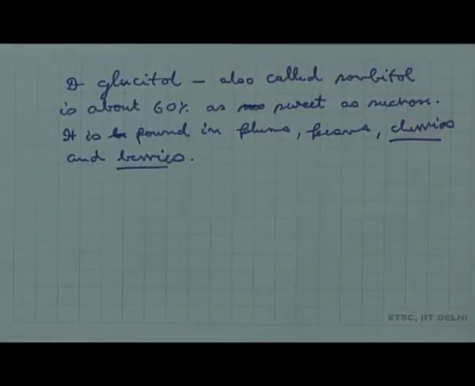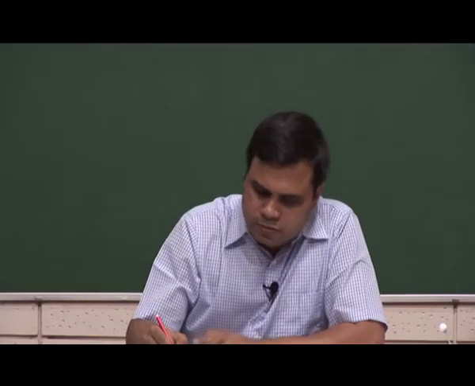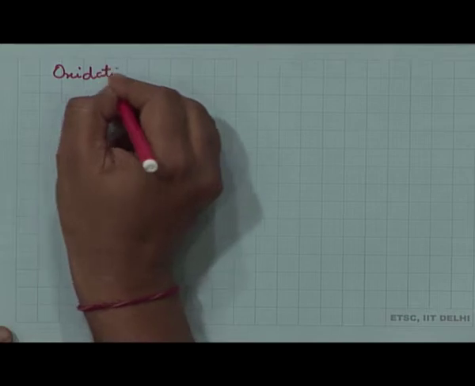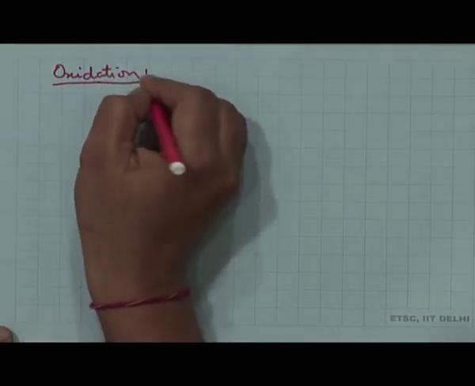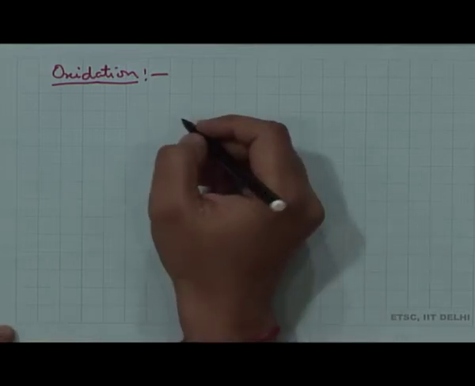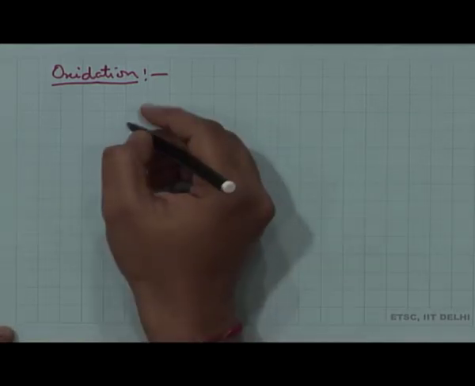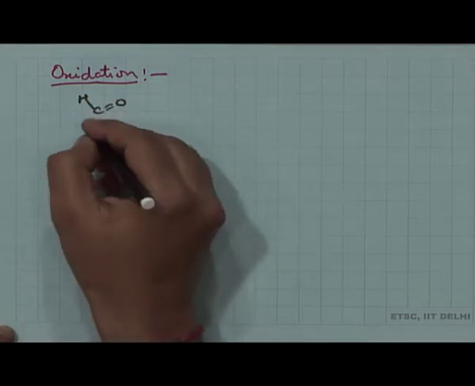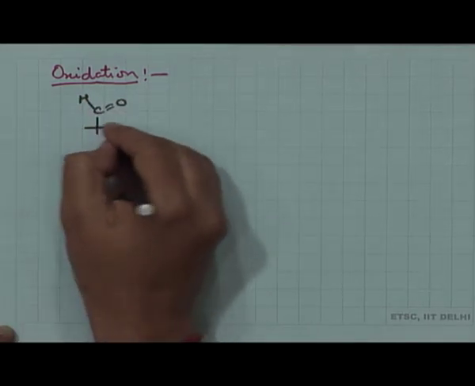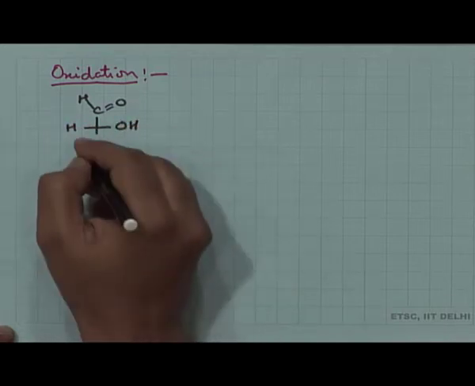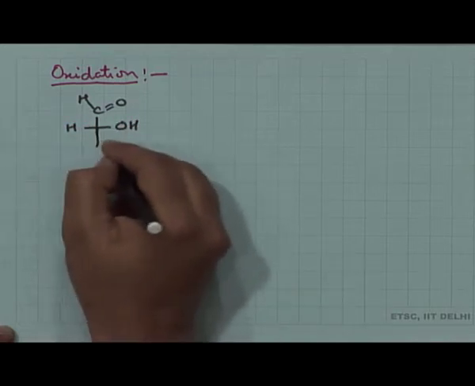Now, let us talk about the oxidation. D-glucose, after the oxidation, generates D-gluconic acid. What is the structure of D-gluconic acid that can be easily generated from D-glucose?